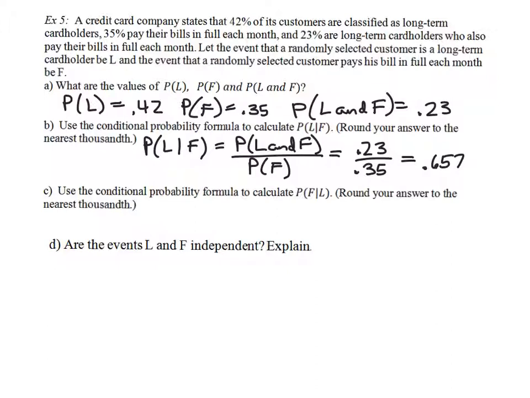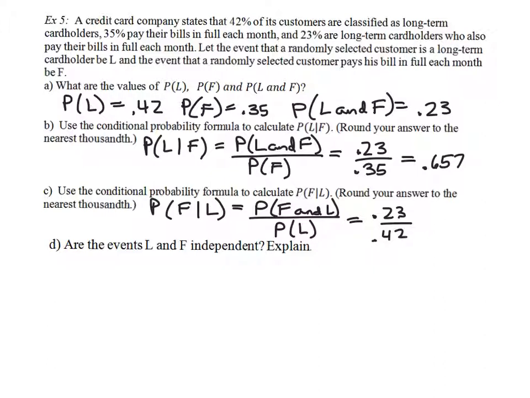Now we're going to do our conditional probability to calculate P of F given L. That's going to be the probability of F and L divided by the probability of L. Again, looking at our givens, I'm going to say 0.23 divided by 0.42.